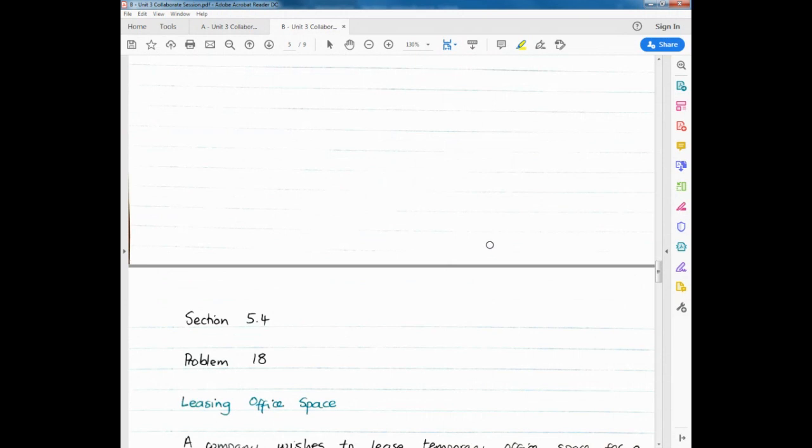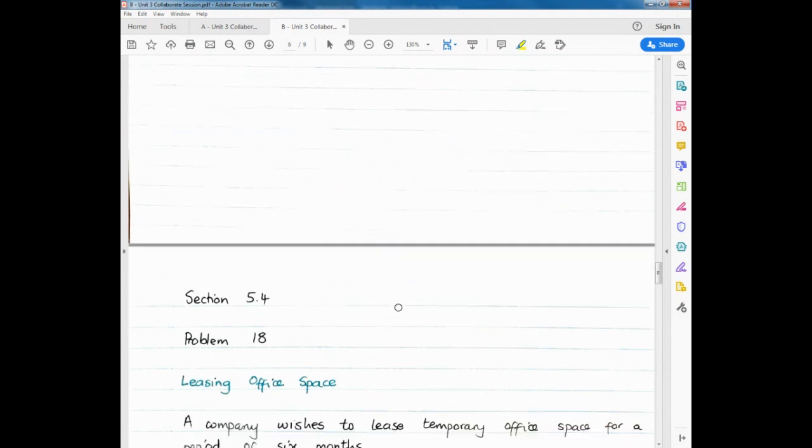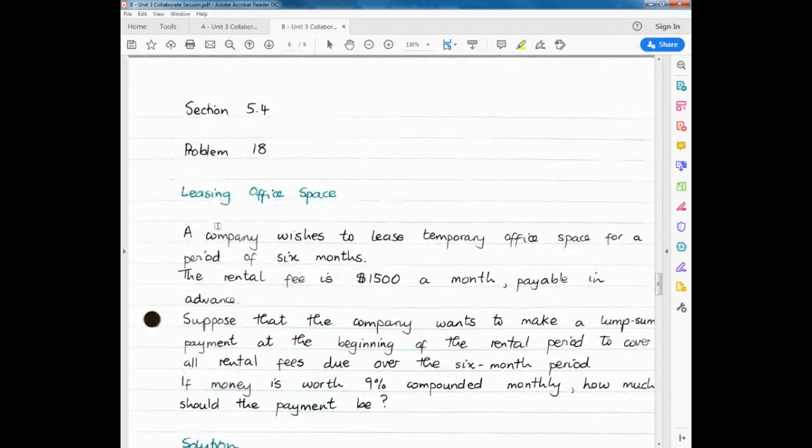Okay, so in problem number 18, we have an issue of leasing office space. Now, instead of being told that this is the payment, this is the interest rate, and this is the number of periods, we're given a story. So this story simply says we have a company that wishes to lease a temporary office space for a period of 6 months, and the rental fee is $1,500 a month payable in advance.